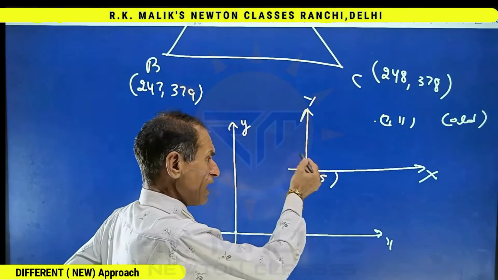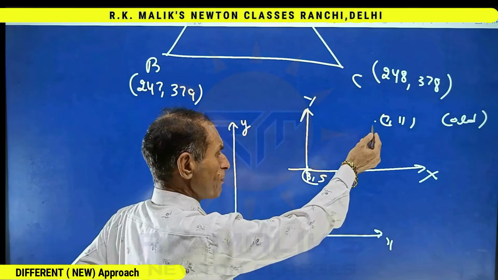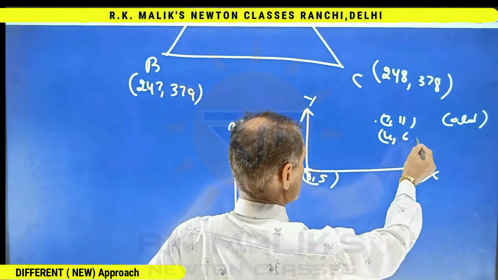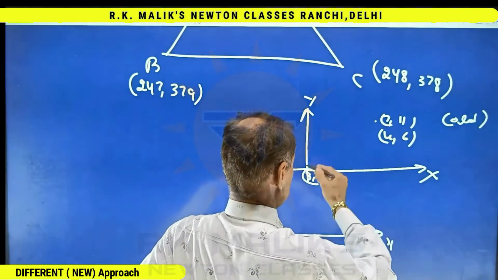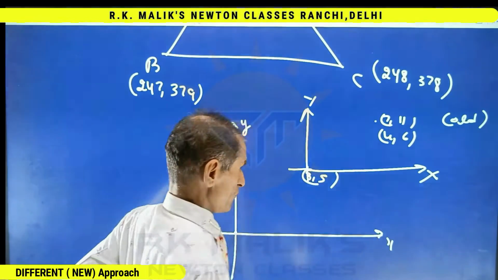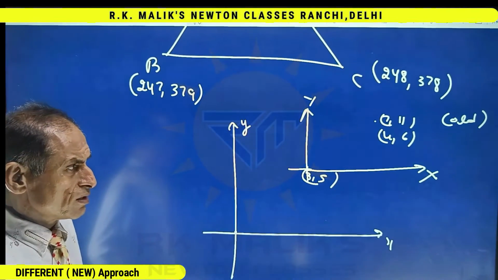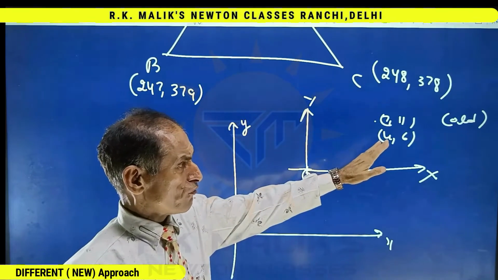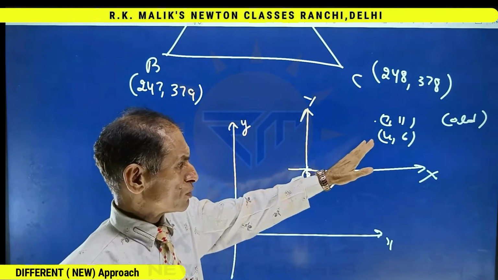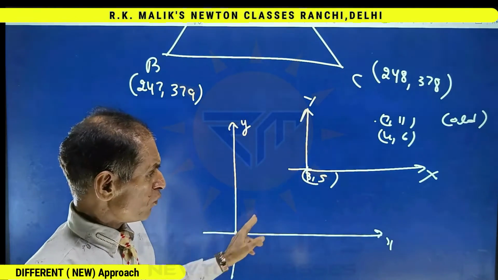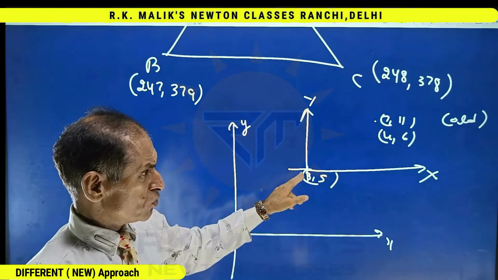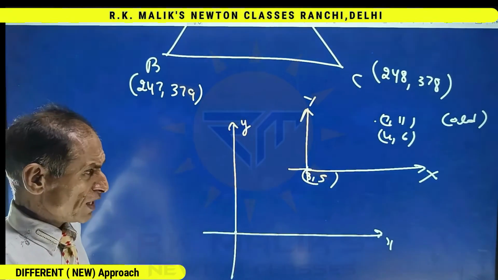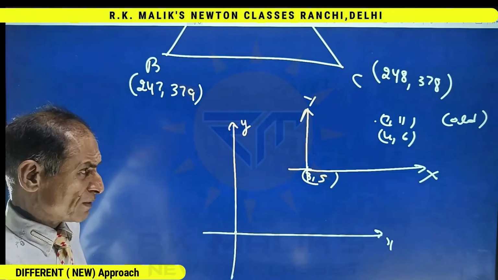Then according to the new x axis, y axis, the point will be (4, 6), that is 7 minus 3 and 11 minus 5. That is, if you want to find the new coordinates of a point, you subtract the point where the origin has been shifted from this point and you get the new x coordinate, y coordinate of that point.